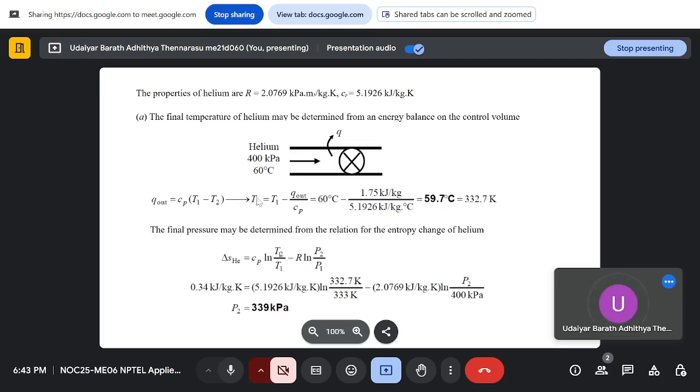So we can find the temperature at exit: T2 is T1 minus Q out by Cp. The inlet temperature is 60 degrees Celsius and the heat transfer is 1.75 kilojoule per kg divided by Cp, which is 5.1926, which gives 59.7 degrees Celsius.